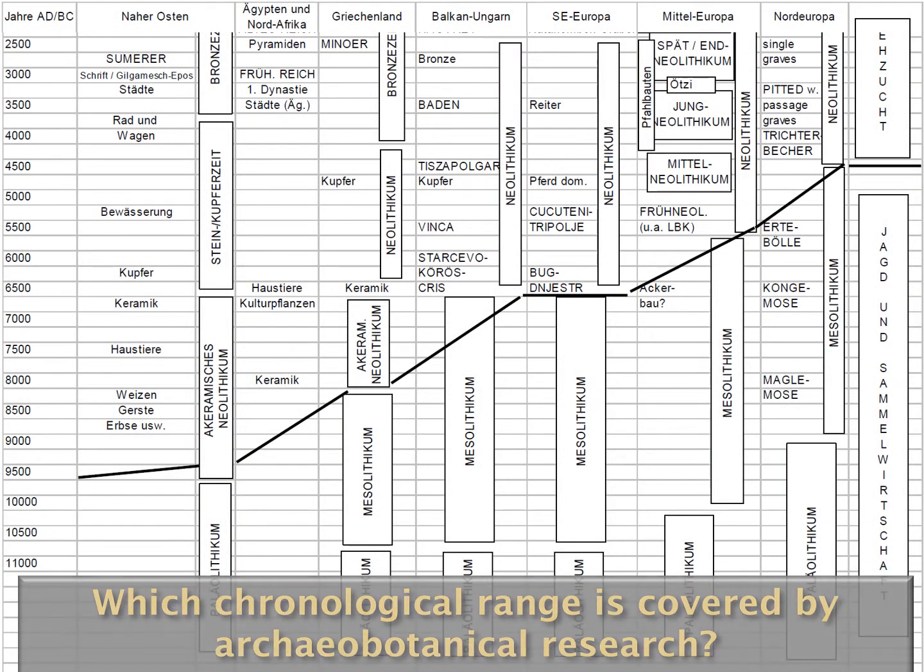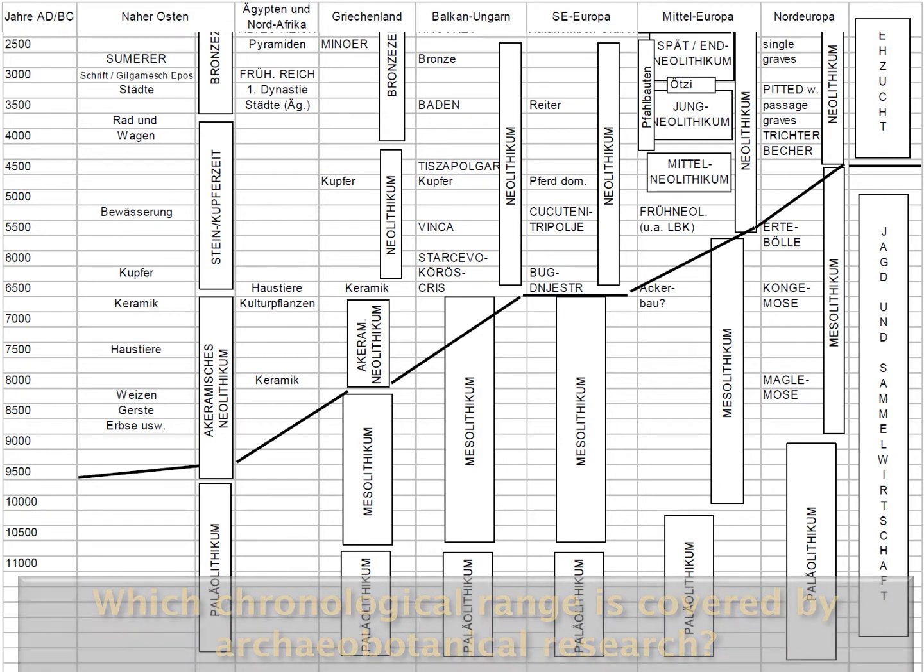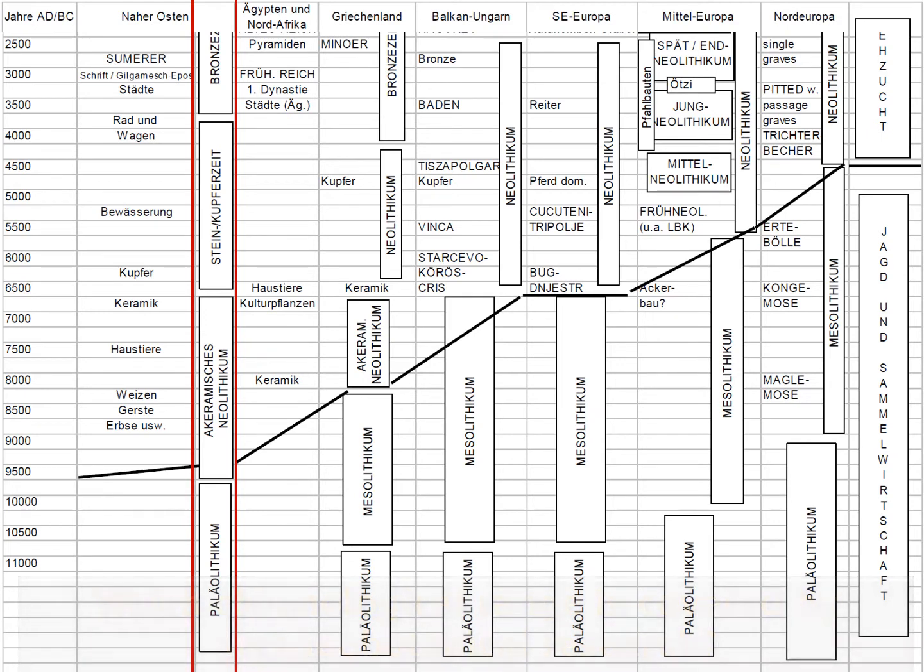Which chronological range is covered by archaeobotanical research? In general, the whole sequence of the development of humankind, that is starting with the Paleolithic until modern times. The further we go back in time, the more incomplete the archaeobotanical evidence becomes.